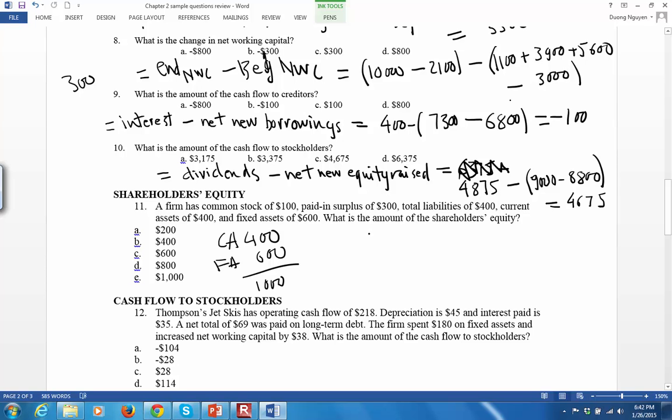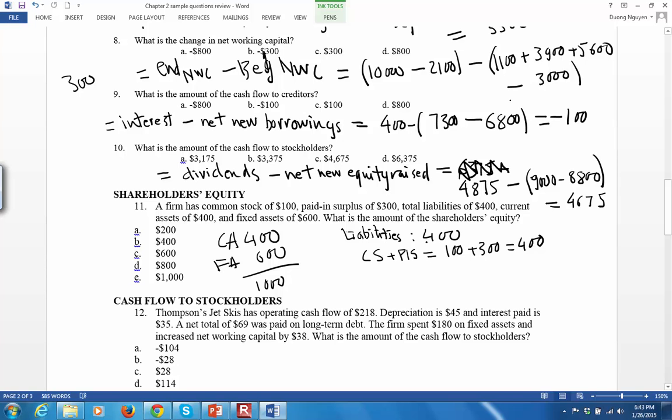On the liabilities side, you have total liabilities of 400. You have common stock and paid in surplus, 100 plus 300 equal to 400.